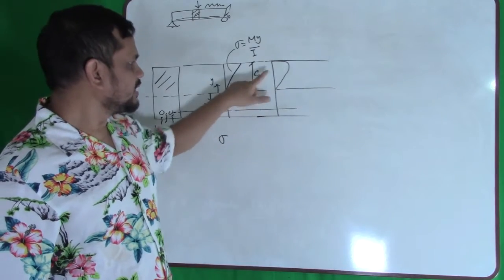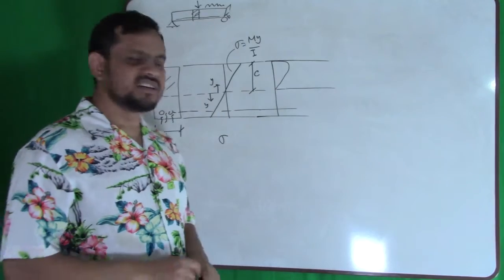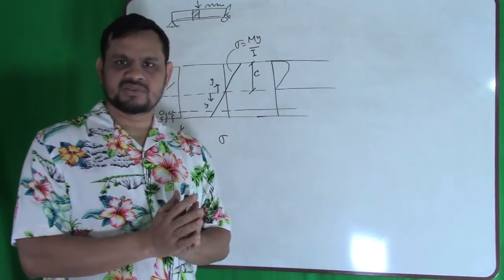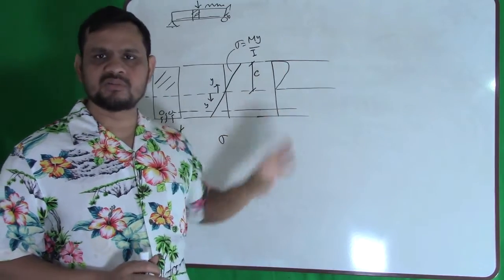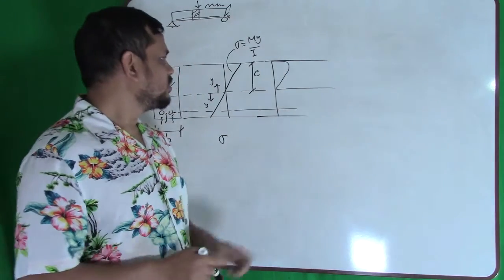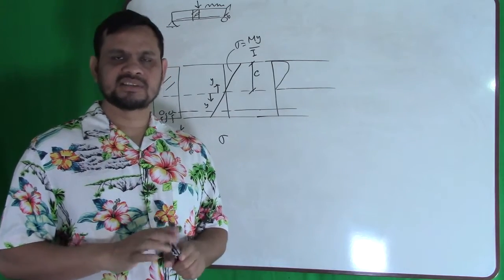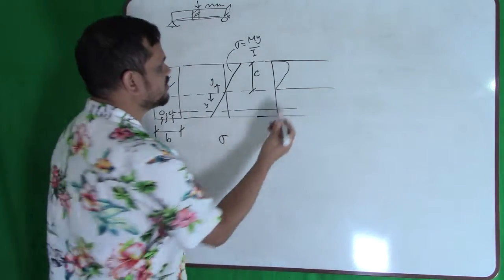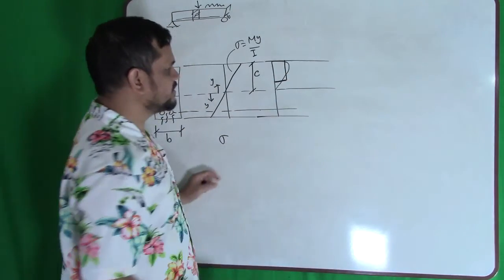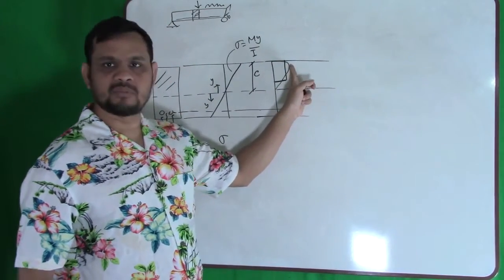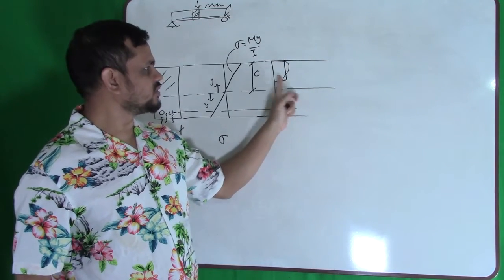This compression block, you can see, is not linear, so it is very difficult to calculate the area or the volume of this. What to do? We make some simplification. What is that? We consider it small here, that means we discard some portion here and include some portion here.